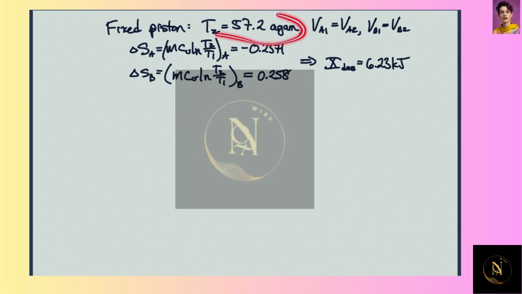So for a fixed piston, we have this again. Now, with the fixed piston, the volume on each side doesn't change, right?